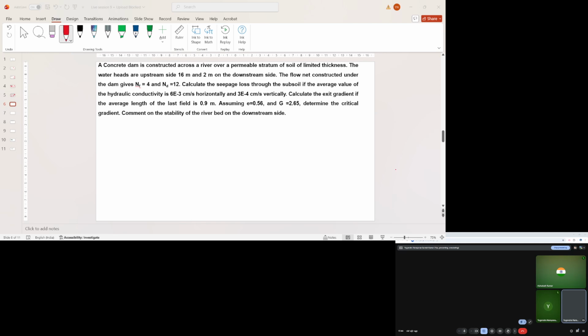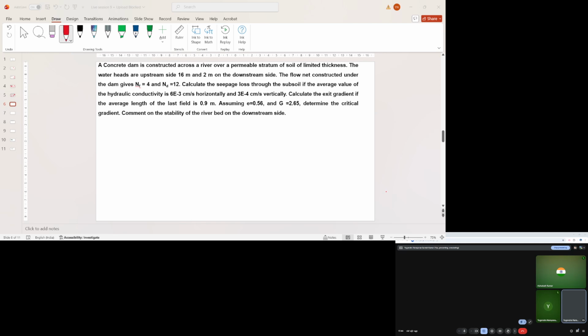Permeability. How are Kx and Ky related? K effective is root over Kx into Ky. How much are you getting? 1.34 into 10 to the power minus 3.